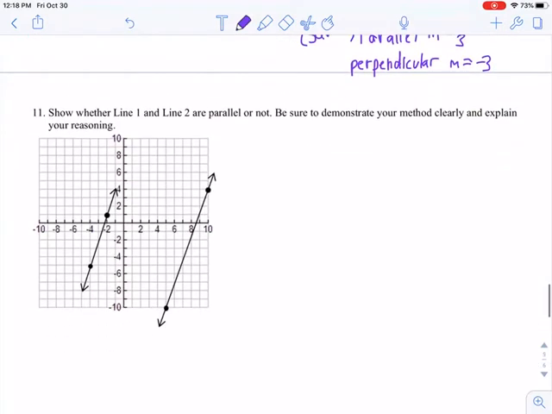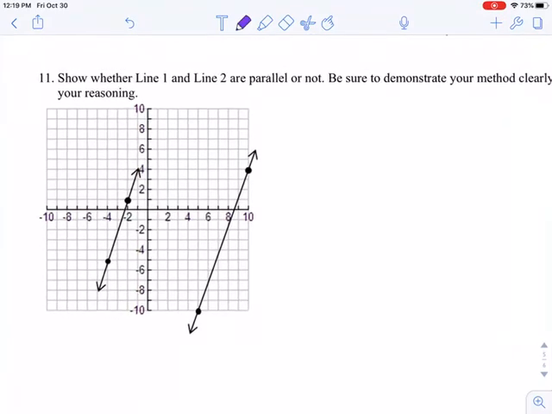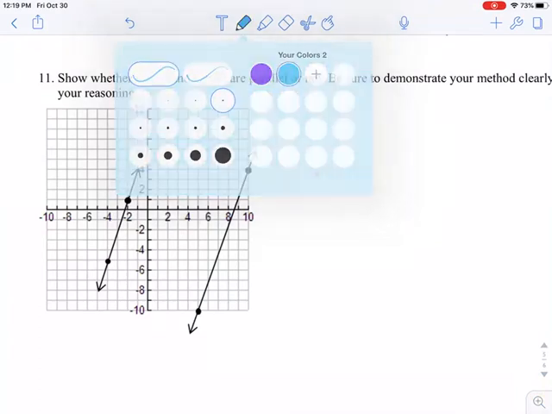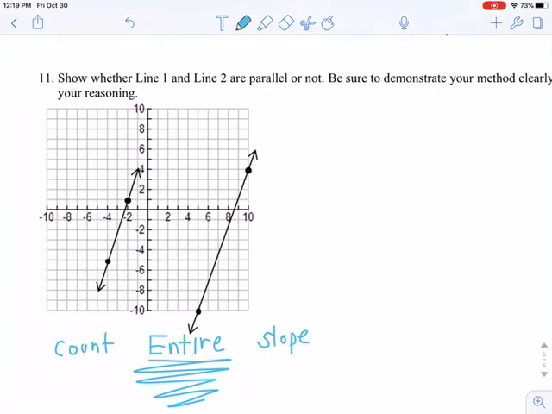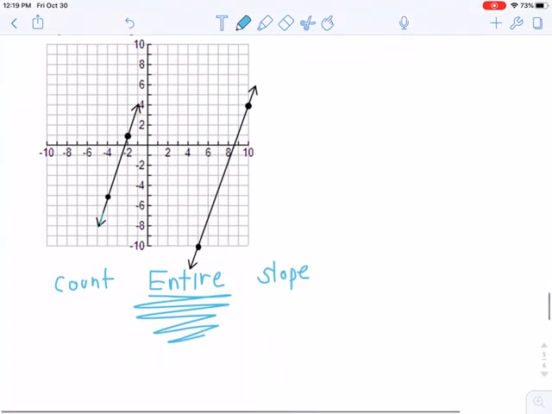And then the last problem of the review, a big long review. Line 1 and line 2: show whether line 1 and line 2 are parallel or not. What I'm going to do is count the entire slope. This word, entire, is super important. Looking at the line on the left, I'm not sure what crosses what.